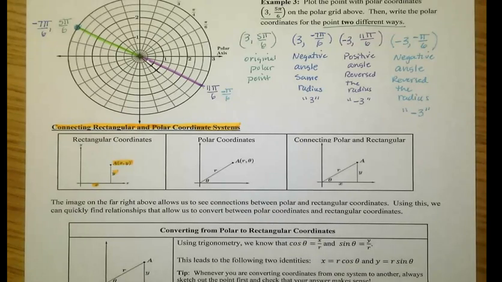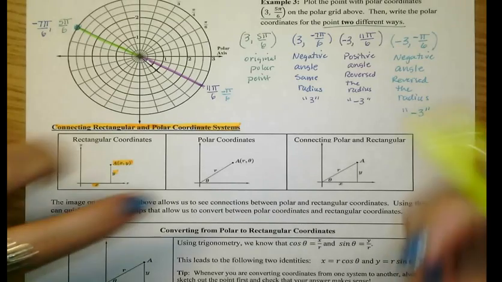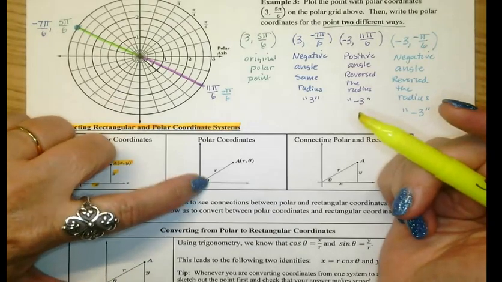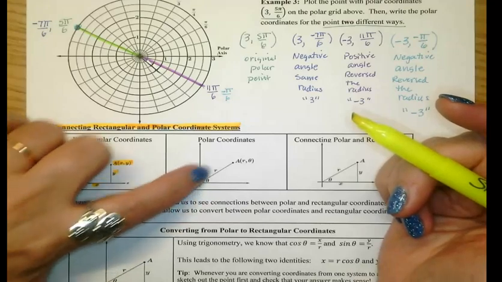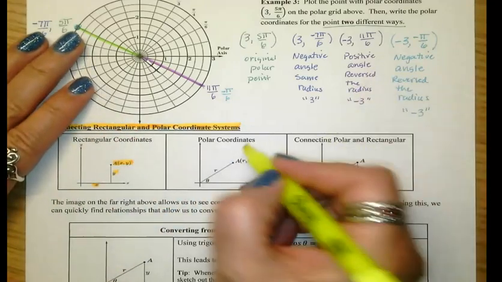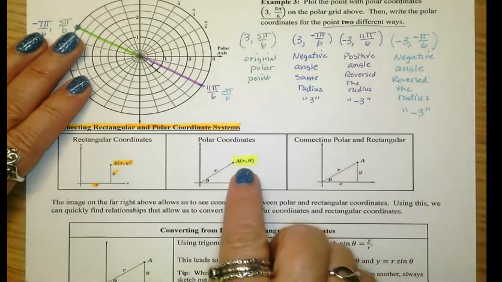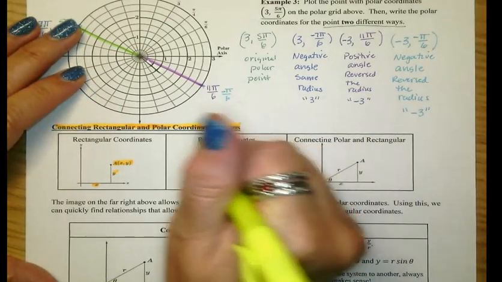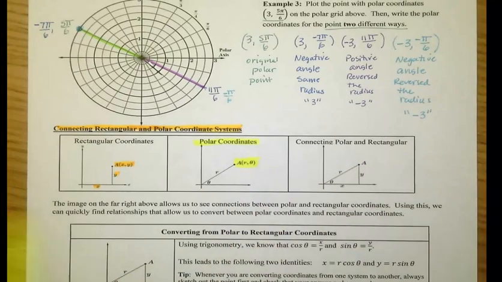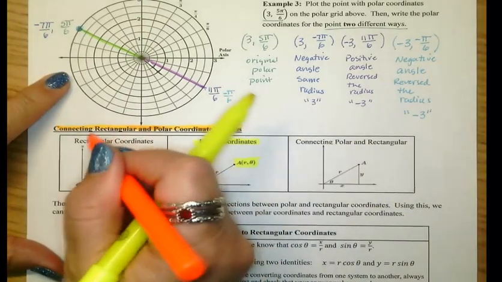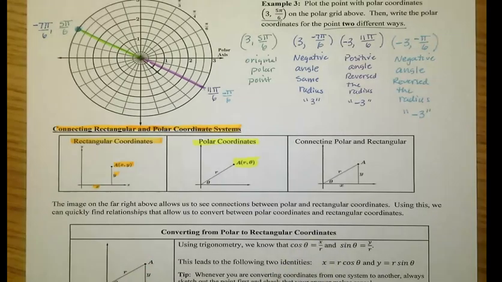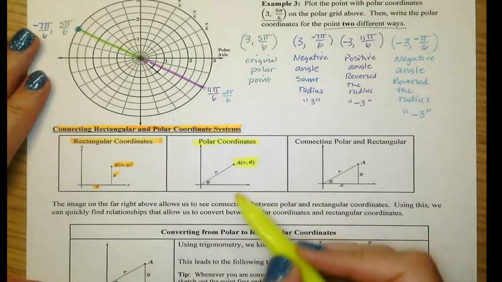All right, so in the polar system, we have an angle that gets graphed from here to here, and then a distance down that angle that is radius. So the point in the polar system is our r, theta. The point in the rectangular system is x, y, and they can be connected when we put these together.